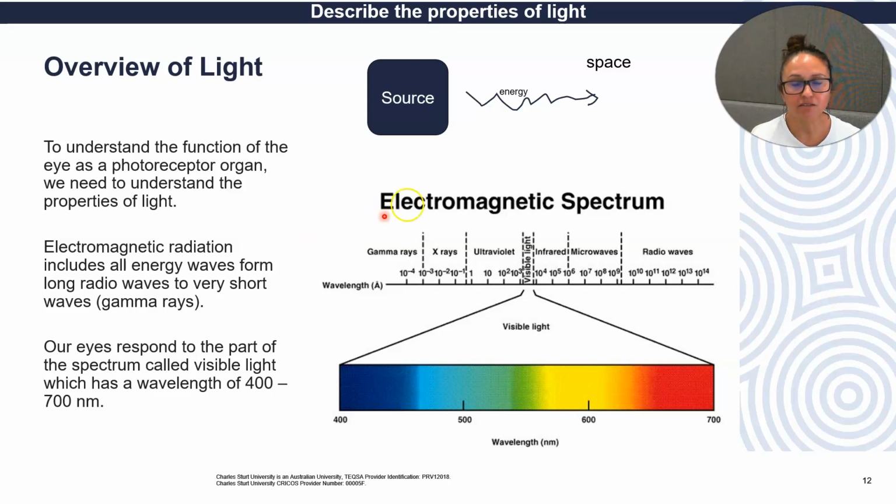Electromagnetic radiation is energy that comes from a source and that travels through space. Light is just a specific type of electromagnetic radiation. So we respond to this little piece, which is called visible light.